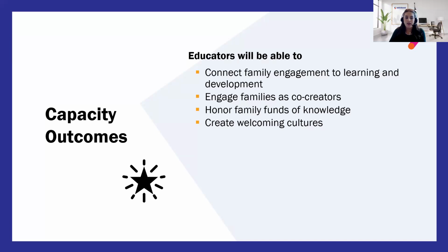And so for educators, this involves thinking about opportunities when they can create partnerships with families and have them be a part of their child's educational journey, but also focusing on their child's social, emotional, and behavioral development. Engaging families as co-creators while honoring their funds of knowledge.